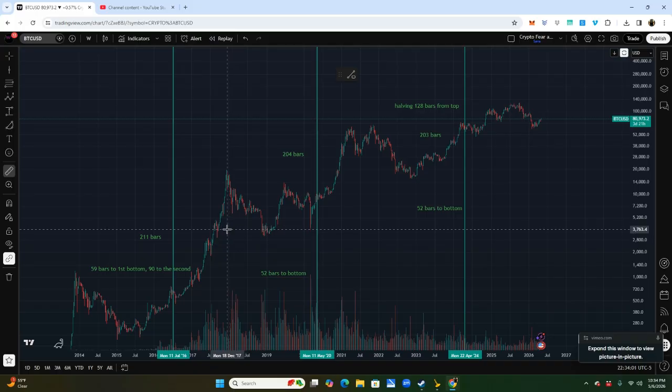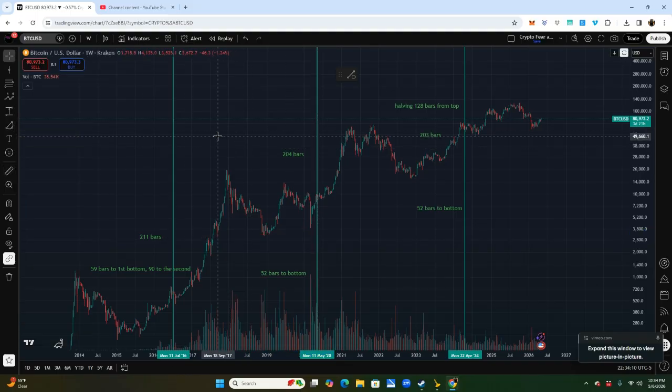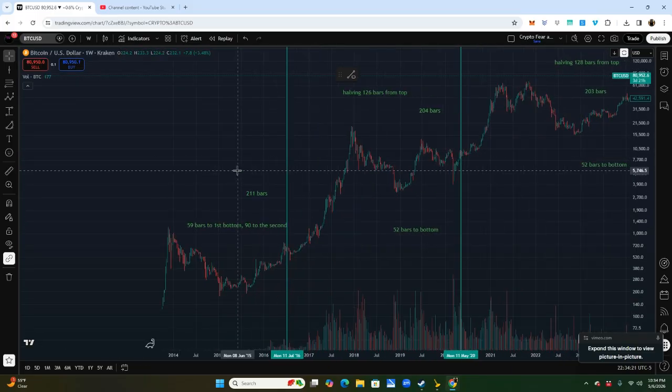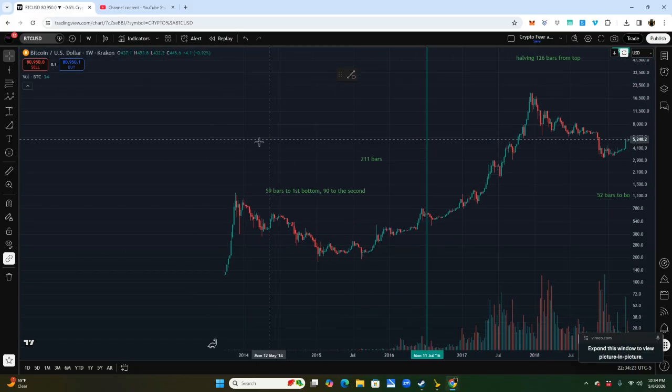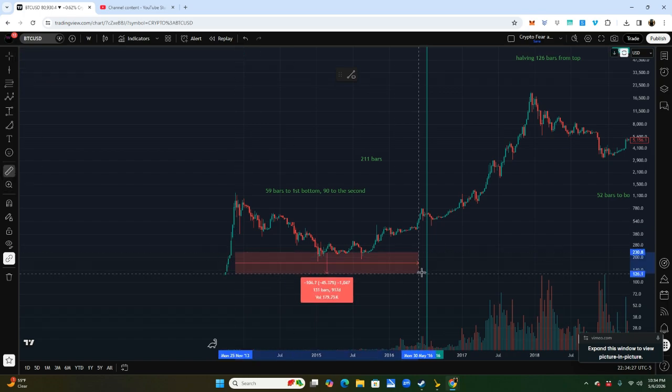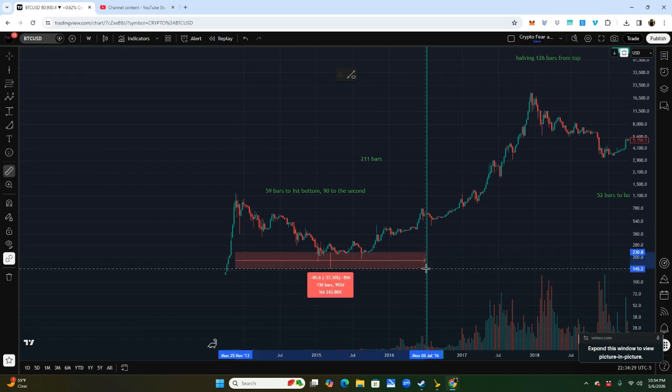You top right there, about 126 bars. Then let's look at this one over here. 137 bars.